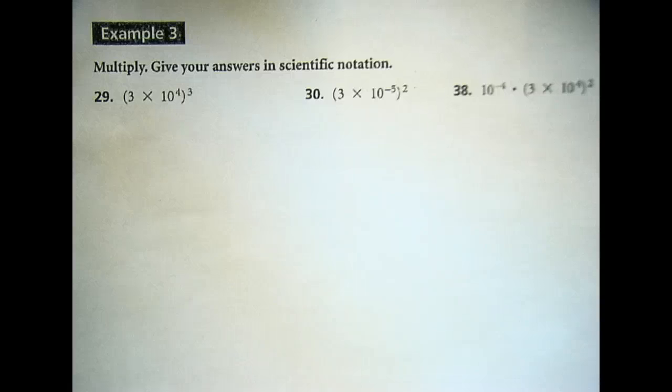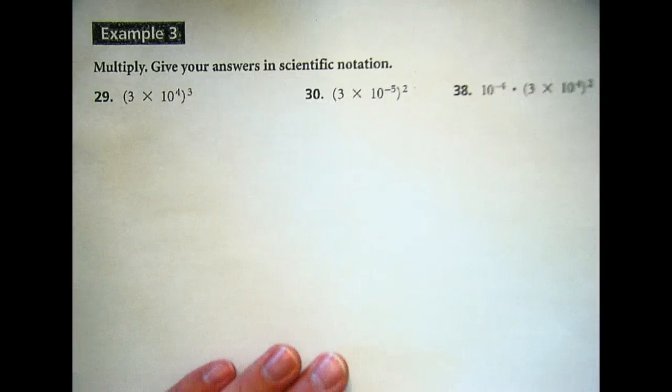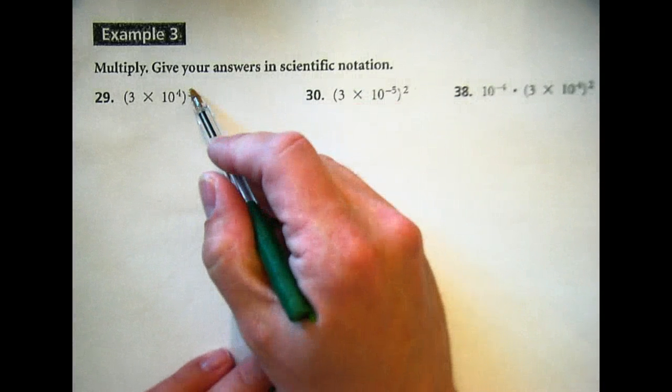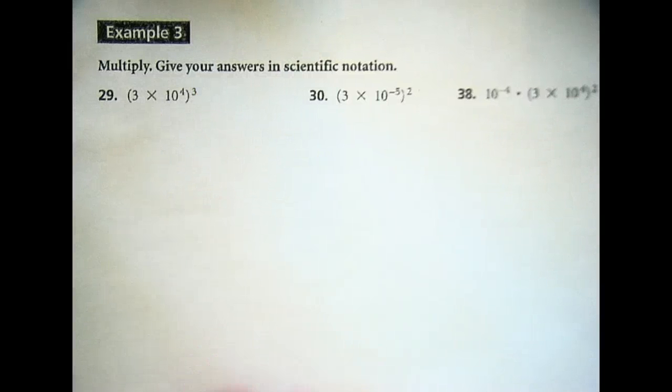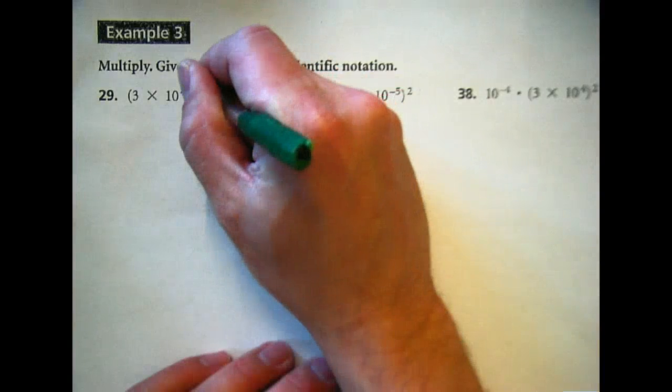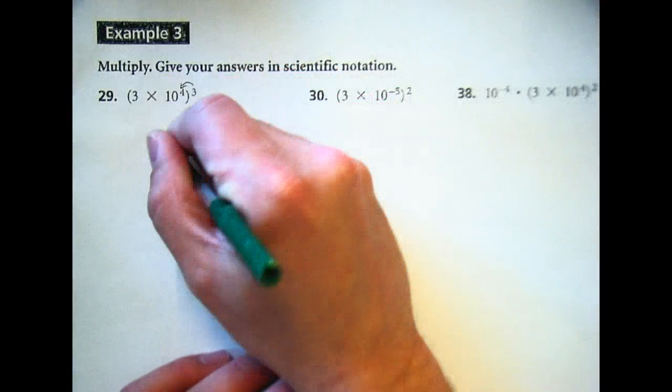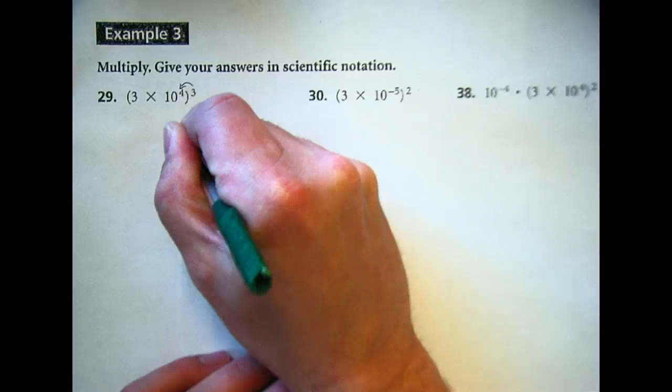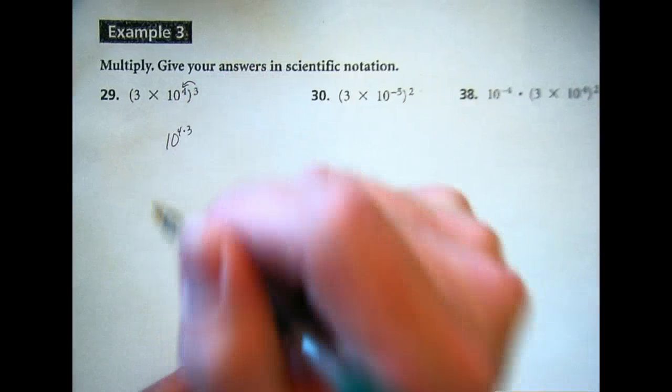All right. Marley, what do you think? What should we do from here? Any thoughts? 4 times 3. Okay, so you're going 10 to the 4th times 3. Okay, very good. It's outside parentheses, so yep, you have to multiply those.